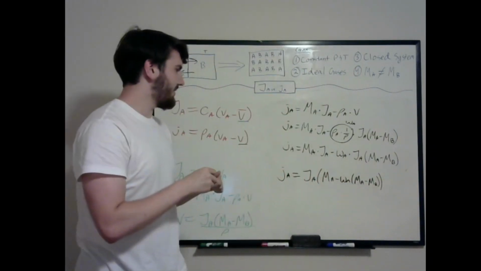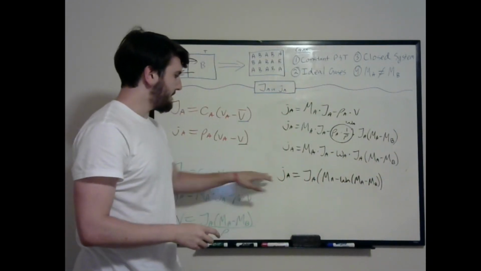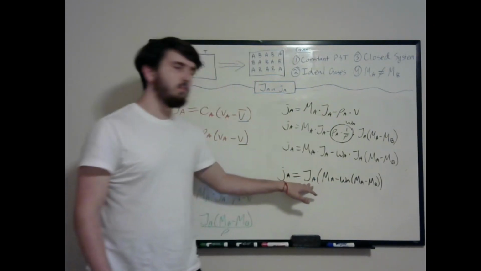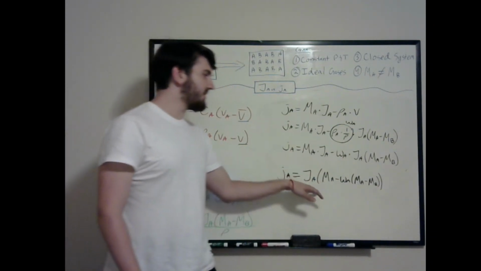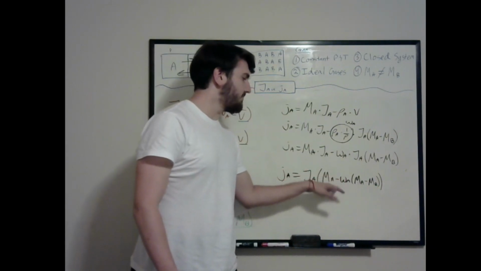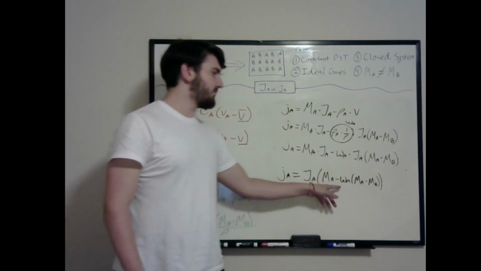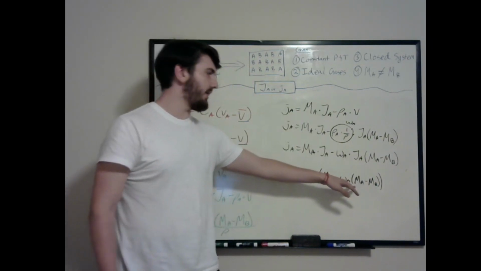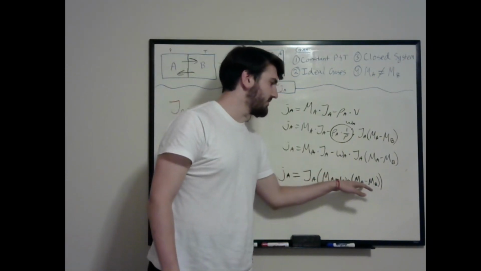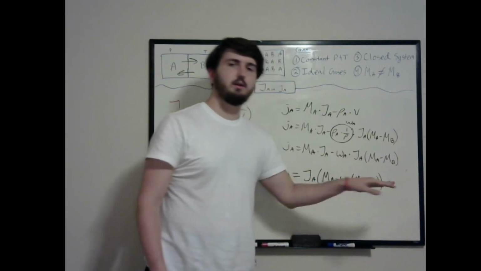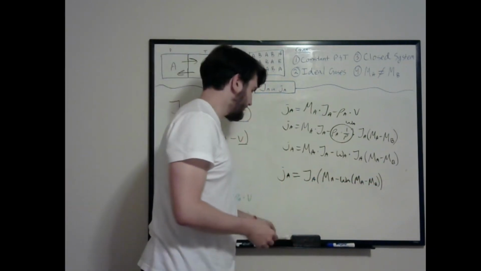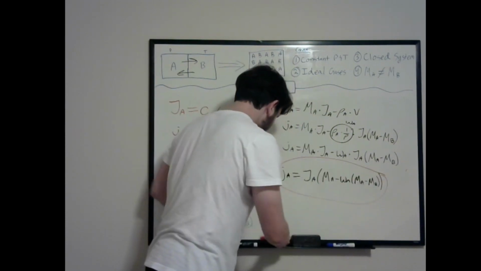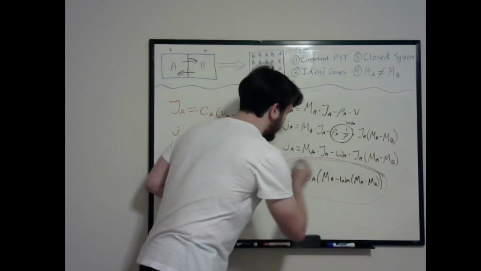So we get that the mass diffusive flux of A is equal to the molar diffusive flux of A multiplied by the molecular weight of A subtracted by, and this is all in parentheses, the mass fraction of A multiplied by the difference of the molecular weight of A and the molecular weight of B. And that is where you end the parentheses, and I will circle it 3 times with 3 different colors for everyone to see.